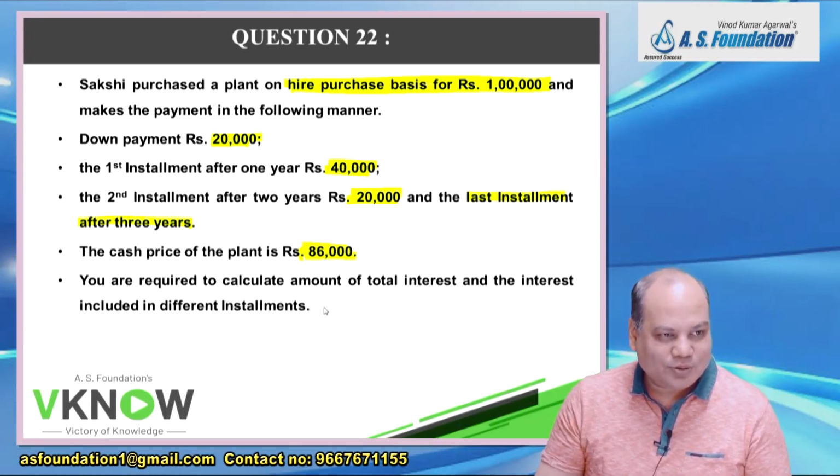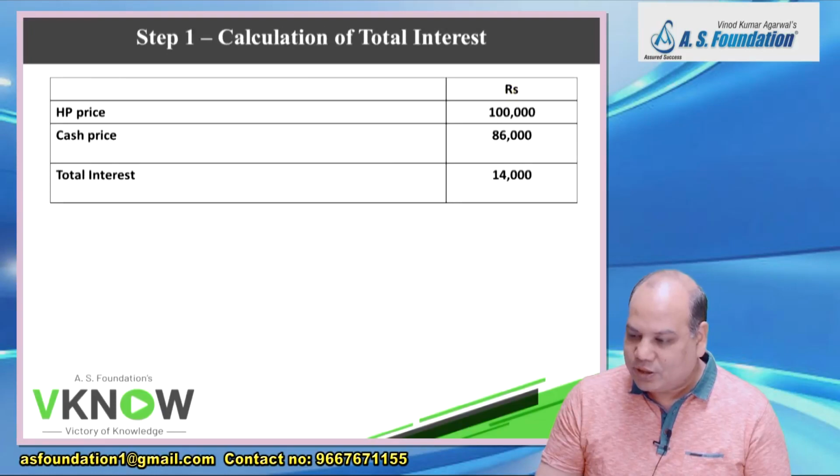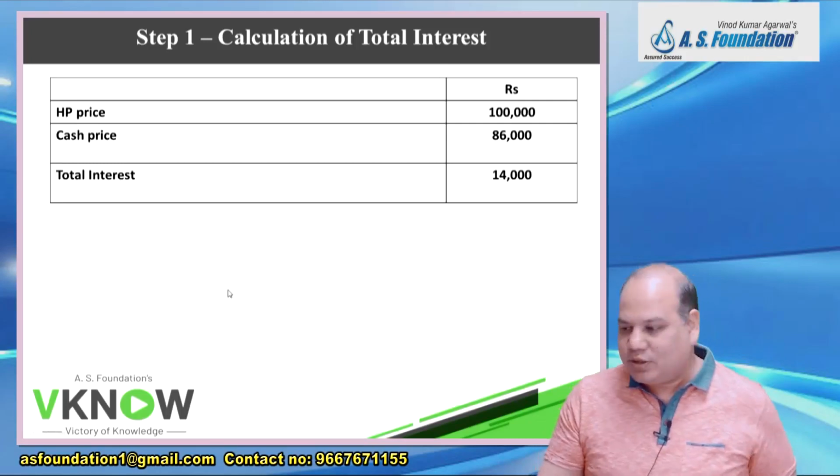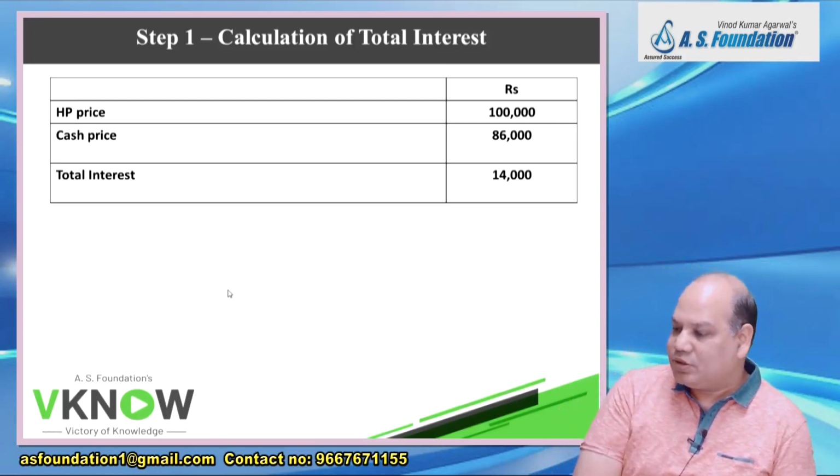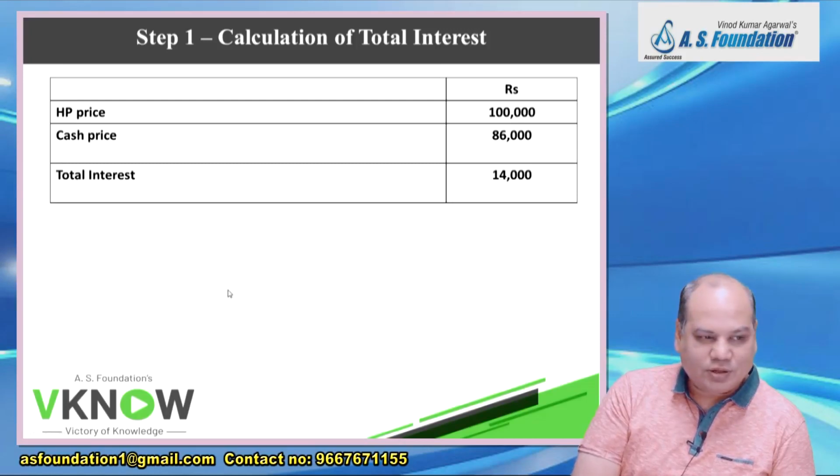So what you have to compute? First you have to find IRR. Write down step 1, calculation of total interest, right hand side rupees. First point A, HP price 1 lakh. Point B, cash price 86,000.